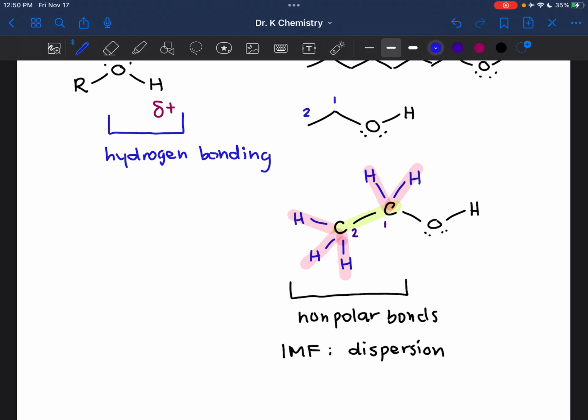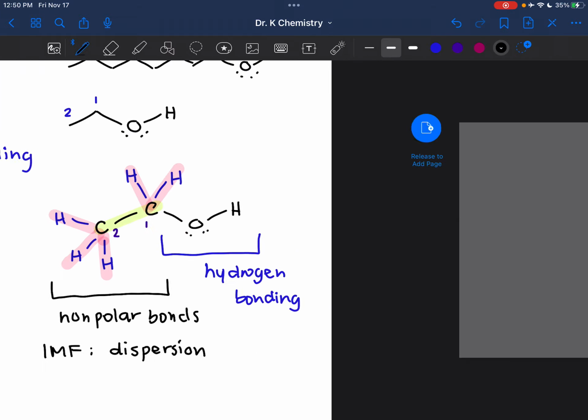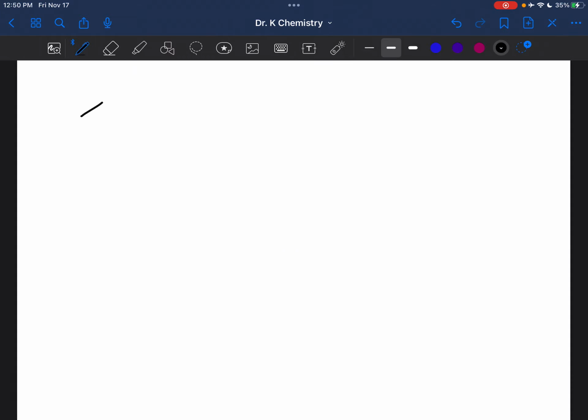Which means that one end of the molecule that engages in hydrogen bonding, that OH part, will be soluble in water, but the nonpolar end, not so much. That's not going to mix very well with a polar solvent. So the solubility of alcohols will really depend on how long that R group is.